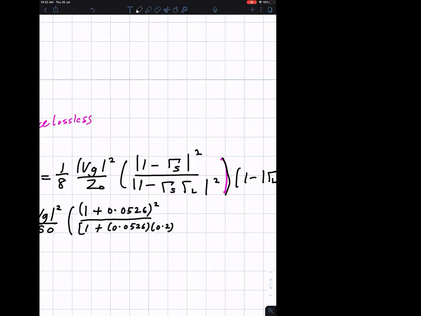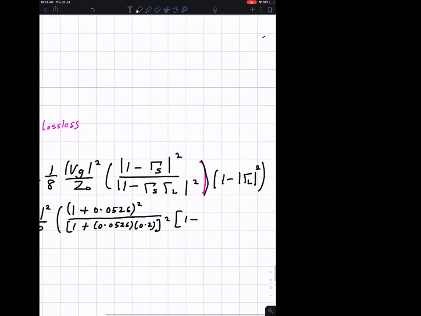Multiply everything together and then square it. Then 1 minus the reflection coefficient squared. This whole thing squared. Okay, this is squared, right?